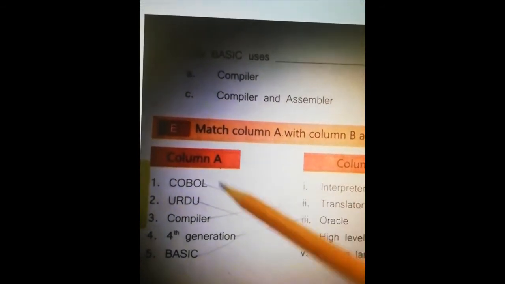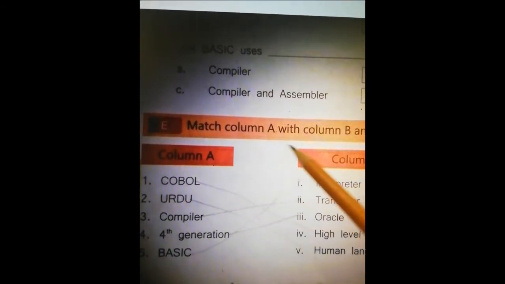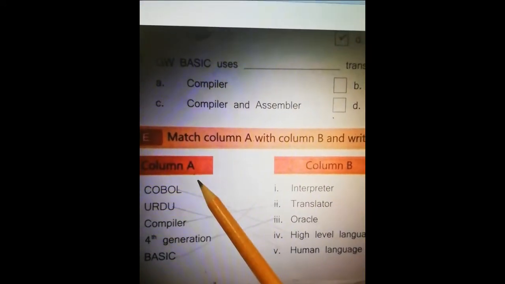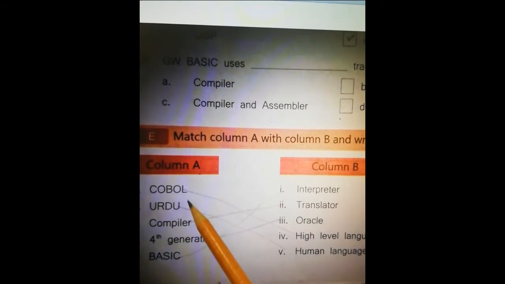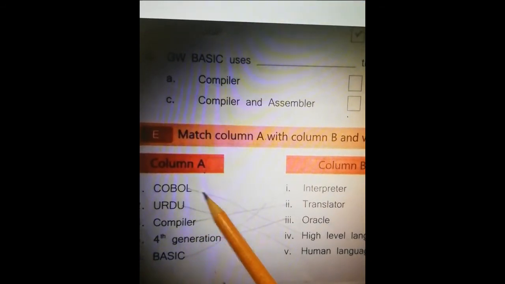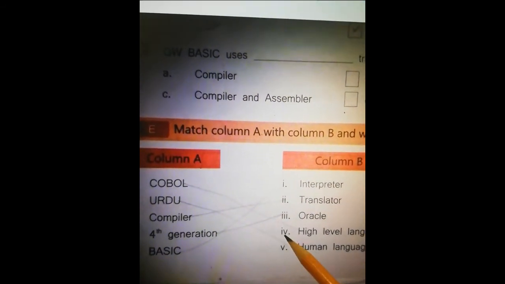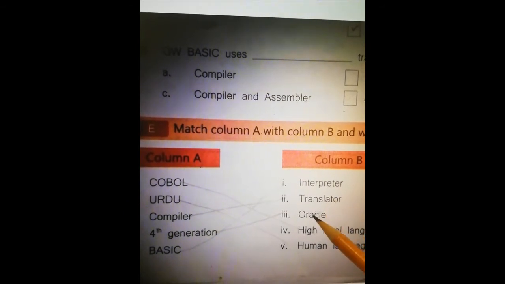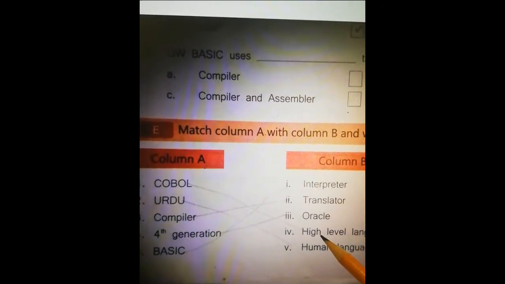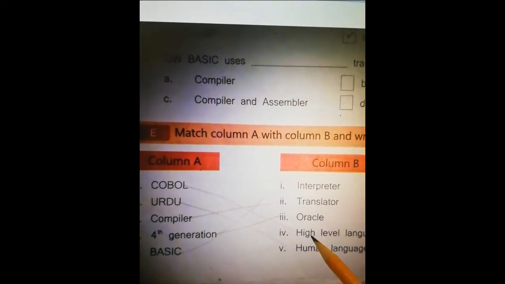Now exercise E. Match column A with column B and write the correct answer. Column A and column B. First one is COBOL. Now we will see the correct option: interpreter, translator, Oracle, high level language. COBOL is a high level language.